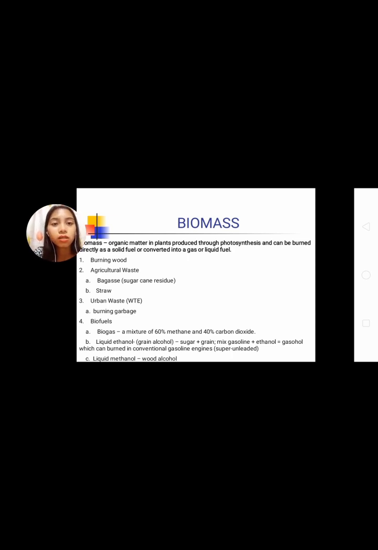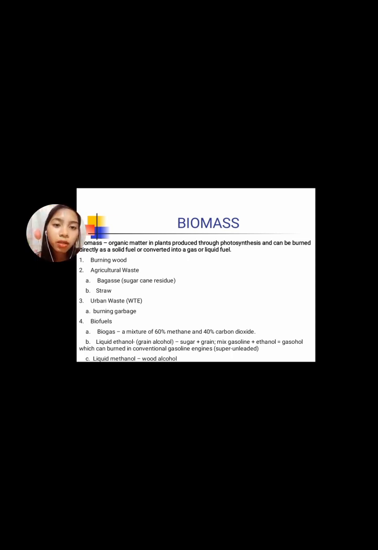Examples: Number 1 is burning wood. Number 2 is agricultural waste, such as bagasse, sugarcane residue, or straw. Number 3, urban waste, such as burning garbage. Biofuels, such as biogas, a mixture of 60% methane and 40% carbon dioxide.